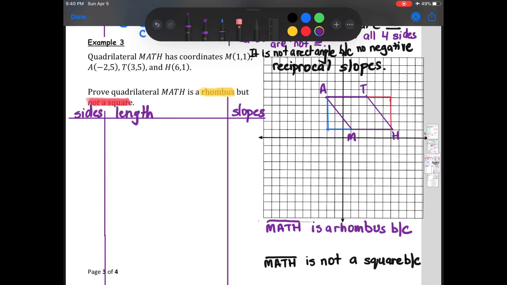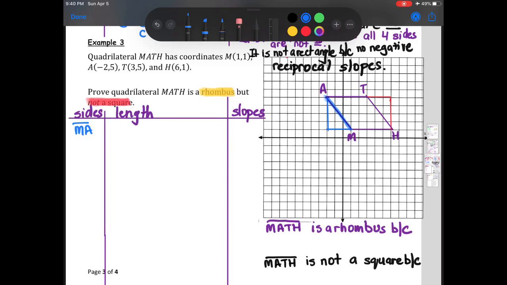So let's start with side MA, right? We drew the triangle. We want to find the length. Again, it's a diagonal line, and that is why I drew a right triangle around it. Now I am going to use my Pythagorean theorem to find that length MA.